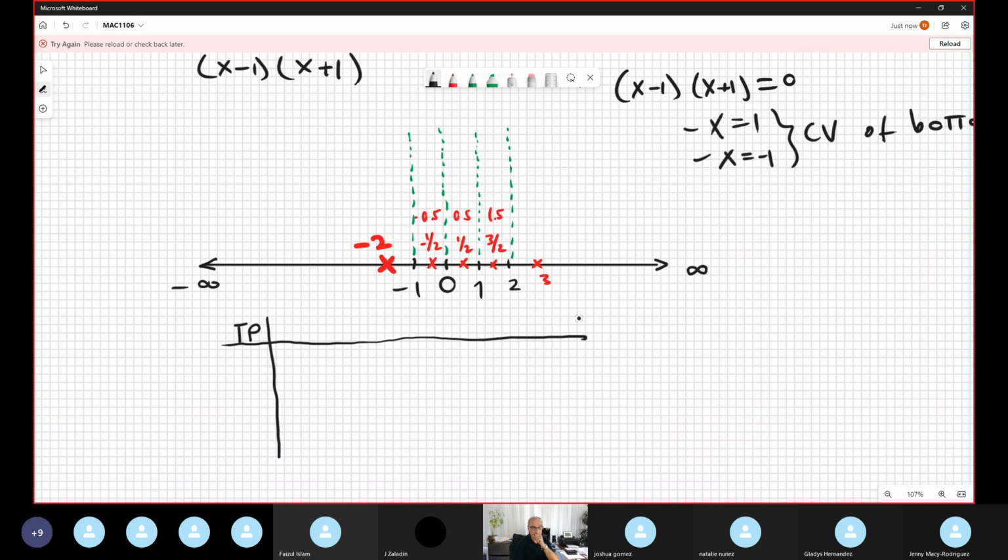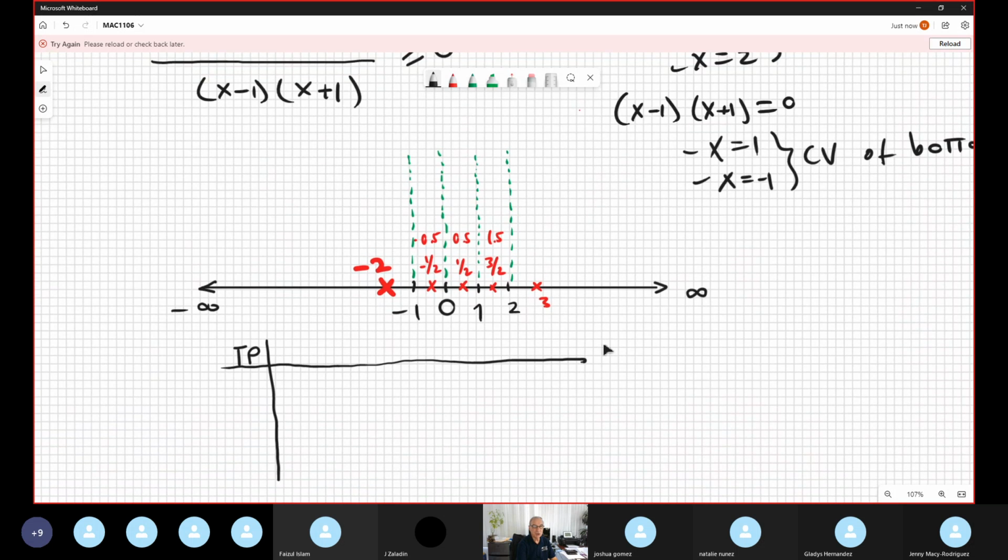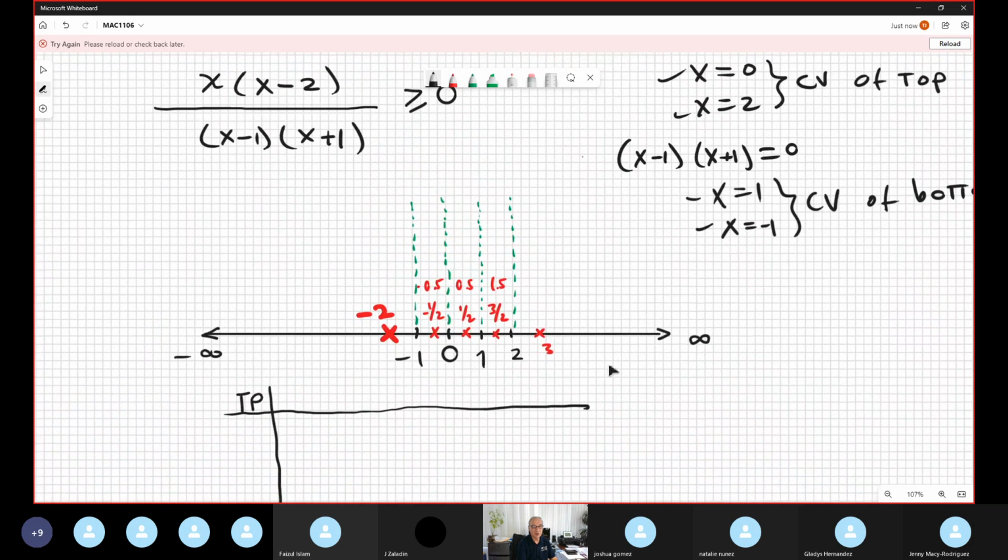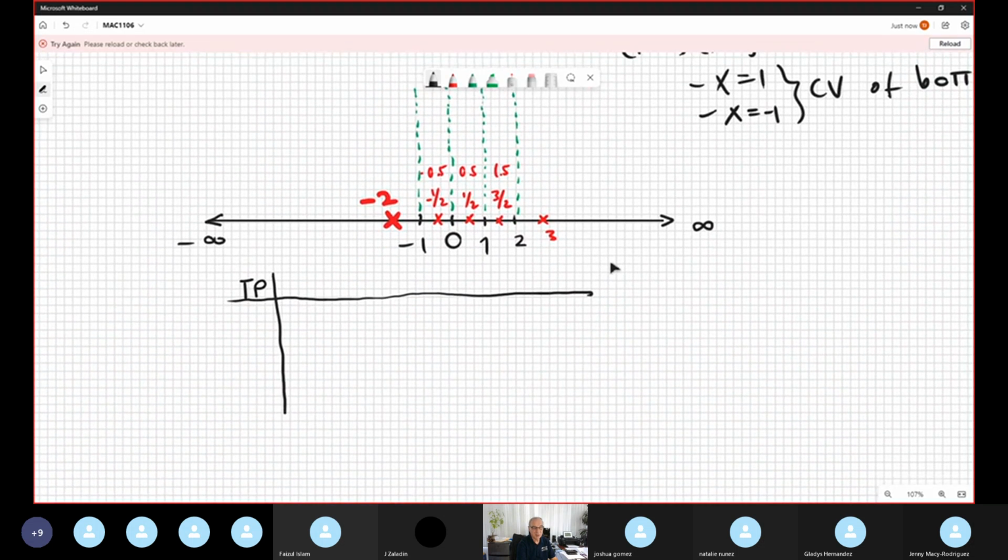One possibility is you take the 5 test values and plug them one by one into the original inequality and verify, but in my opinion, it's a little bit long, and maybe you will make a mistake. And remember, it's not important the value, it's important the sign. So you estimate using your common sense.